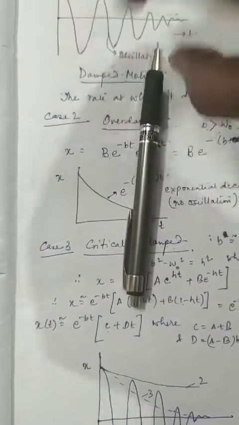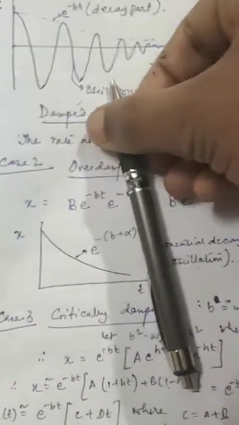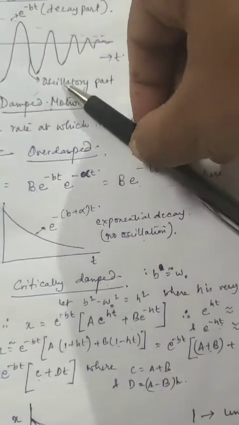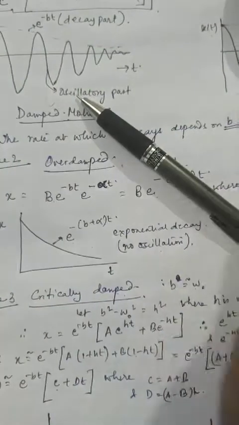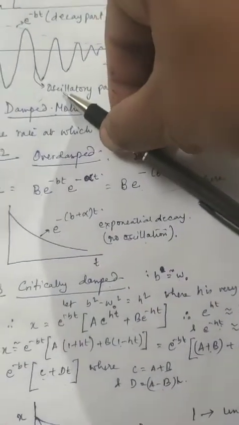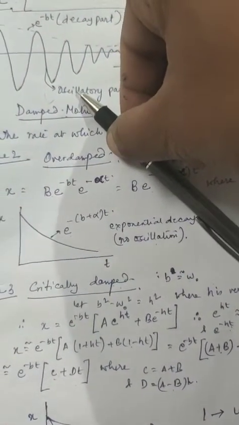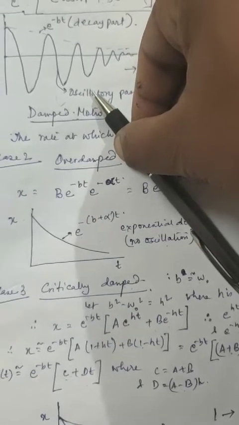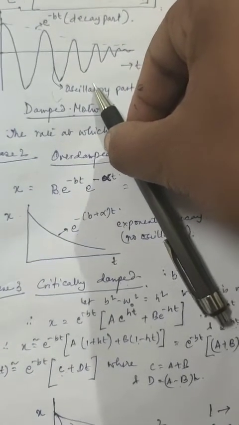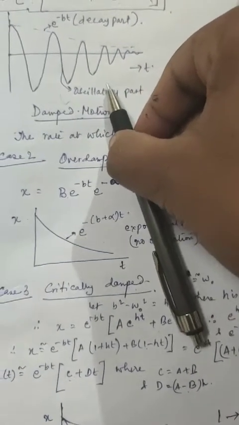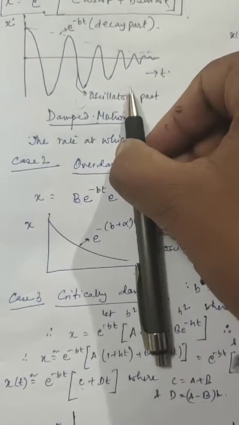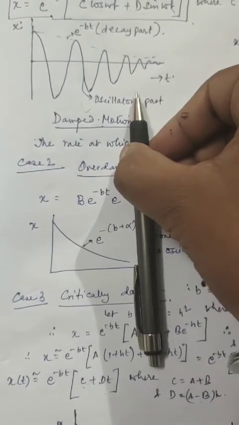This is underdamped. For overdamped, if I release this pendulum from here, and here you have a viscous liquid, then this pendulum will very slowly come to the equilibrium position. See, there is no oscillation.